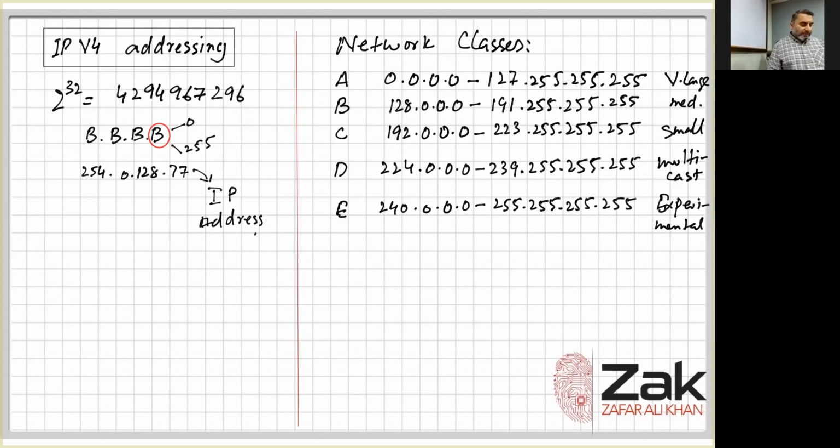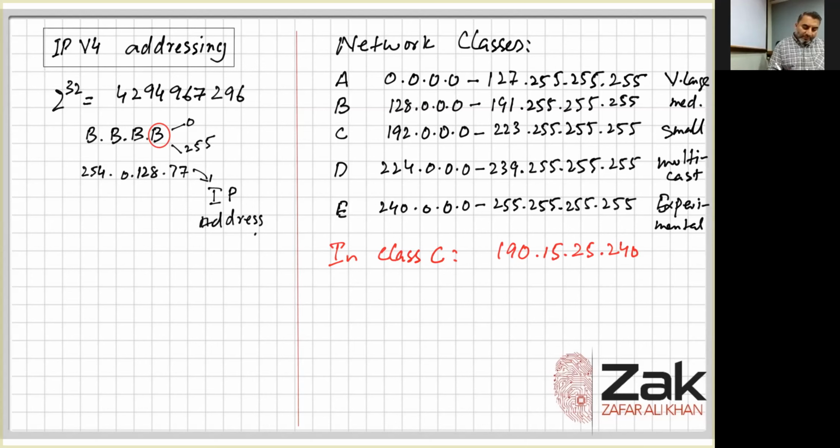Now consider class C. In class C, we have an IP address 190.15.25.240. And let's convert it to binary form.